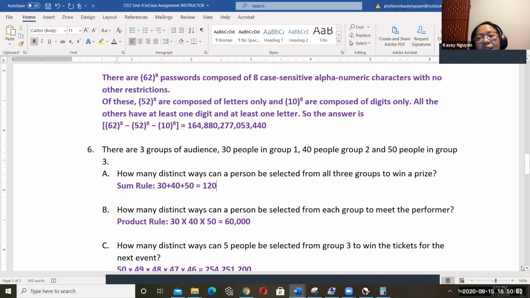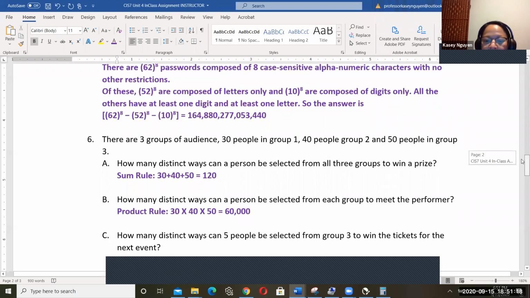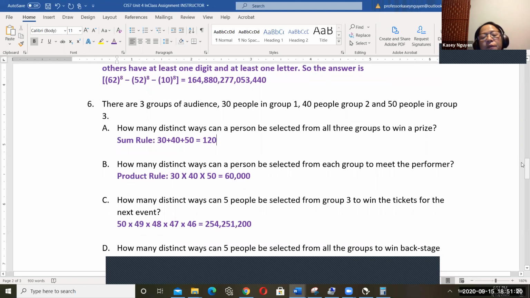So we have 60,000 ways to pick one person to meet the performer. Very much like the discrete structure class example 8.4 that we covered.